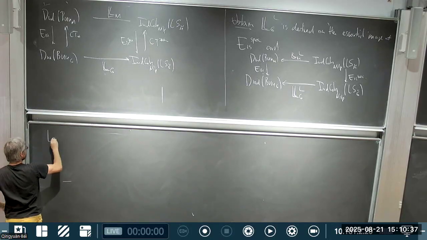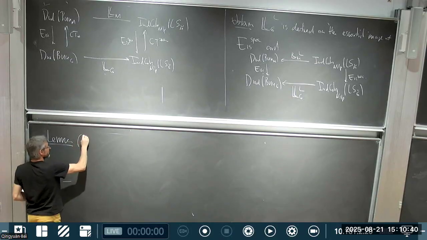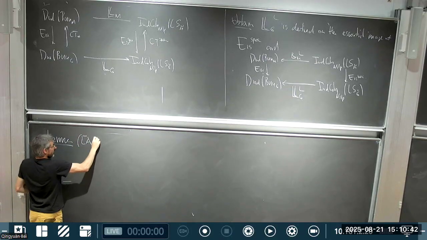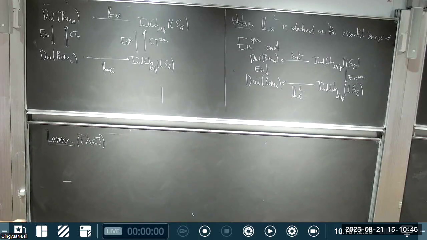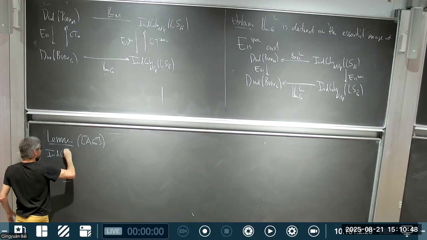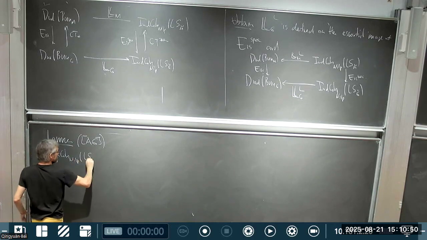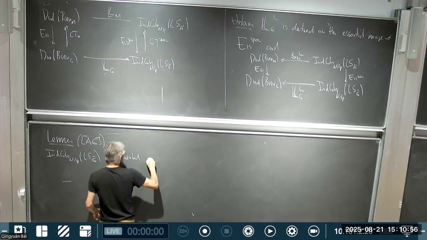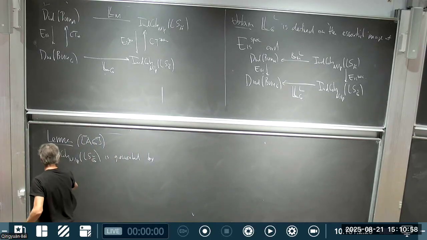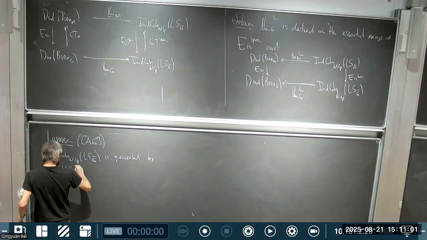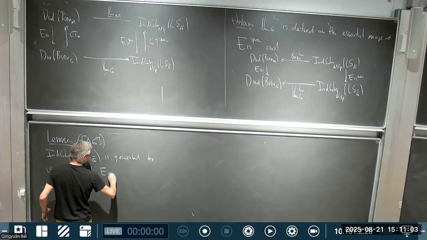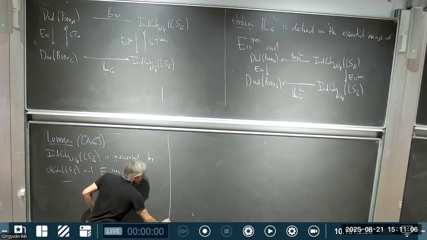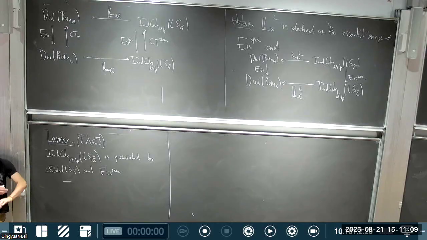Now finally, this is the main kind of input. The category is generated by Q-coh of the check and the essential image of this Eisenstein, as mentioned by Justin. So therefore it's defined on both of these, and therefore it's defined on the entire thing. So therefore we prove the corollary. So the left adjoint is defined.